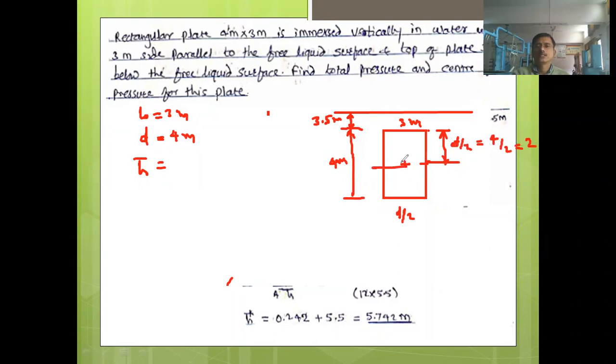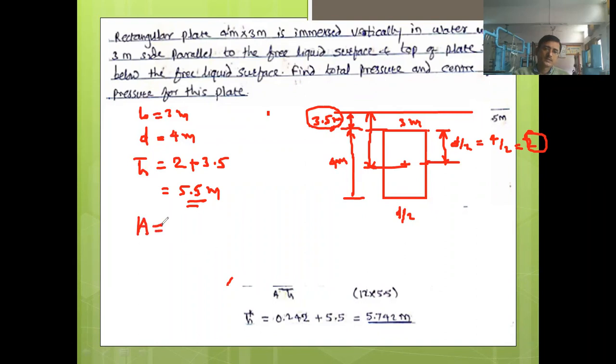So this is the CG and its distance from the free liquid surface. This total distance, right? Up to this, it is 2 plus 3.5. It will be 5.5 meter. That is h bar.